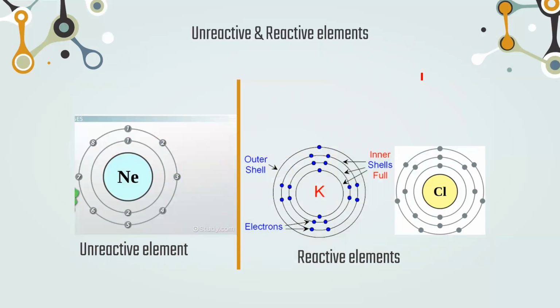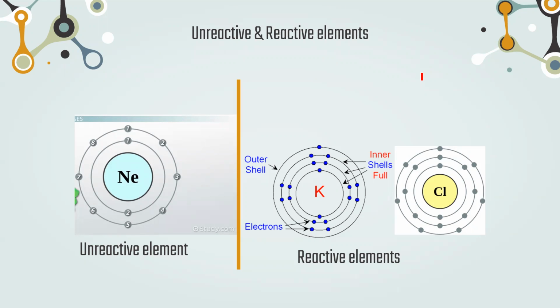Now come towards the unreactive and reactive elements. As I told you earlier, those elements are considered to be reactive whose outermost shells are not completed. Maybe they have only one or two electrons, or they have a deficiency of one or two electrons, so they are considered highly reactive elements.